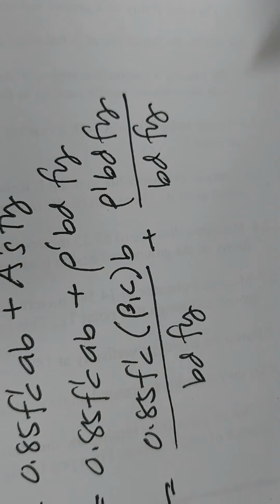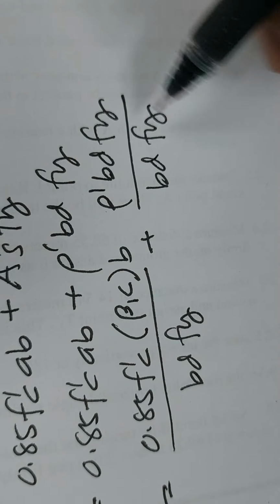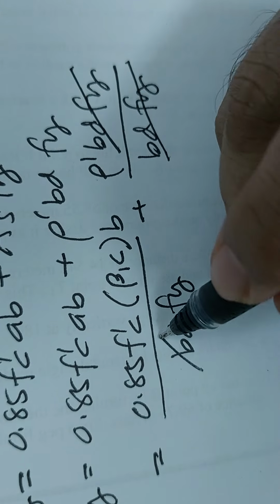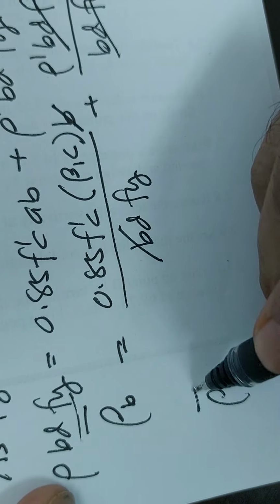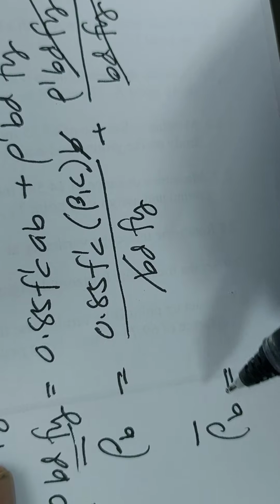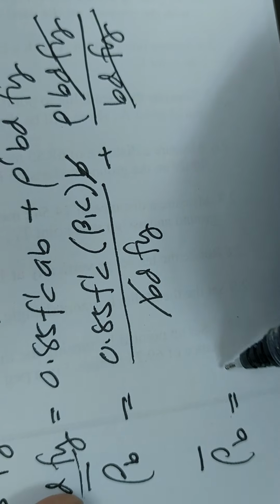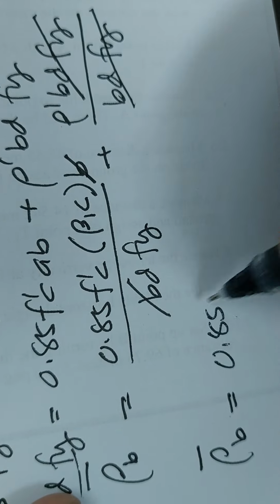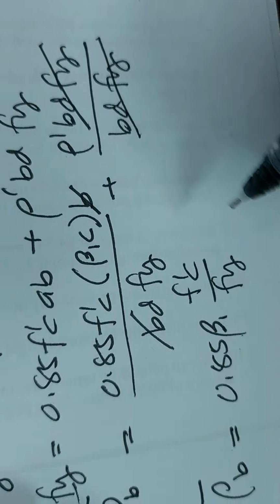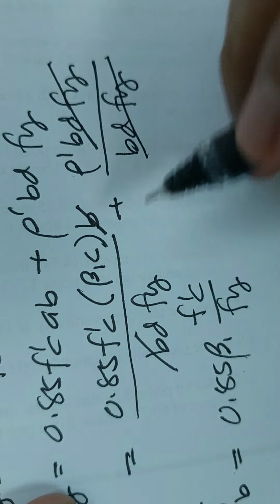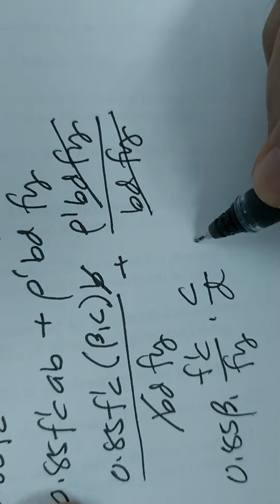Now, analyzing this and then cancelling like terms, BD Fy is cancelled. B here is also cancelled. Therefore, the balanced steel ratio bar, which is the balanced steel ratio for the doubly reinforced beam, is equal to 0.85 beta sub 1 F prime C over Fy times C over D plus rho prime.